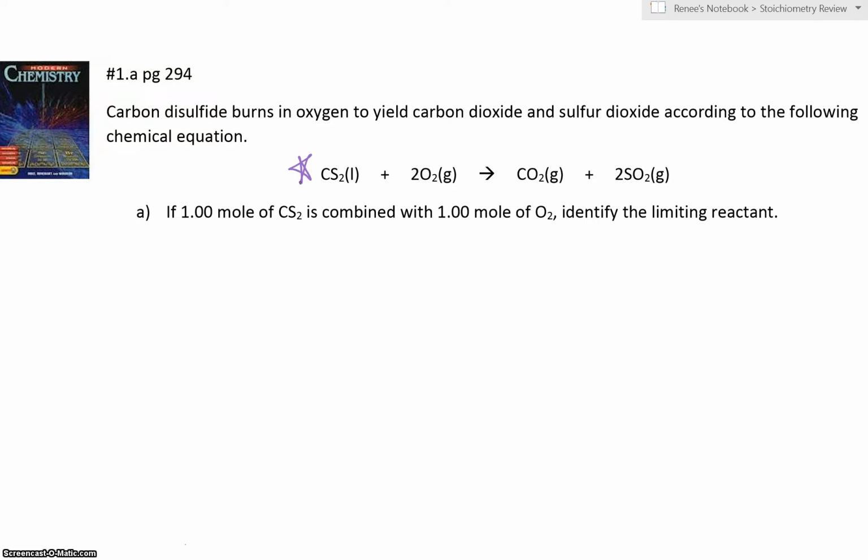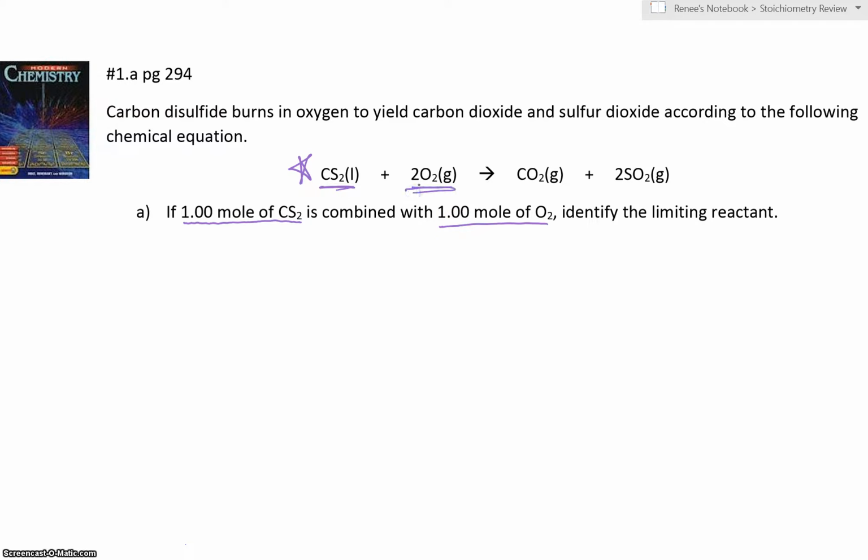If 1 mole of carbon disulfide is combined with 1 mole of oxygen, identify the limiting reactant. So first off, we need to notice that this 1 mole of carbon disulfide is right here, and the 1 mole of oxygen gas is right here.